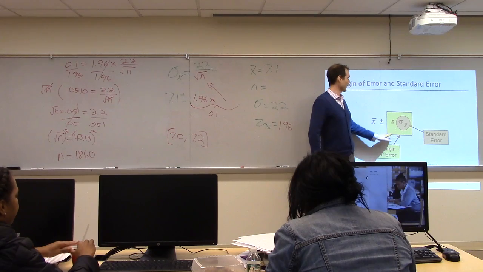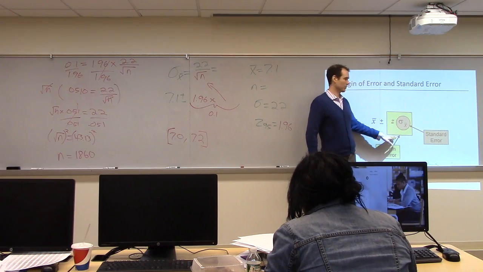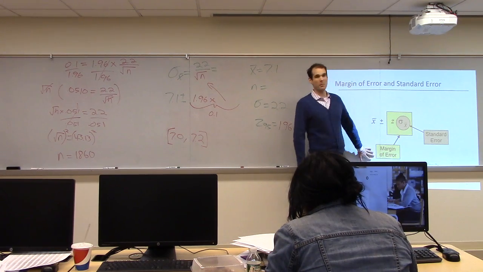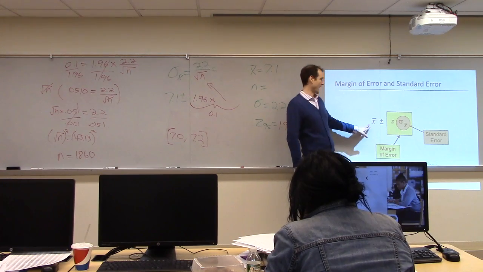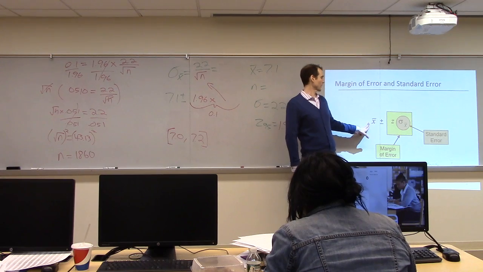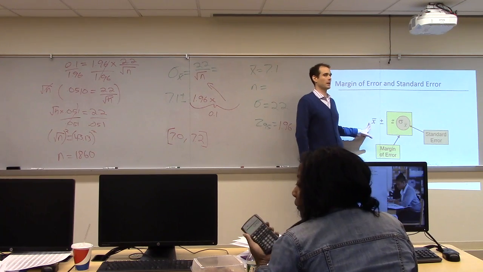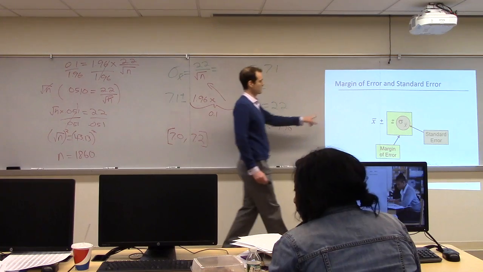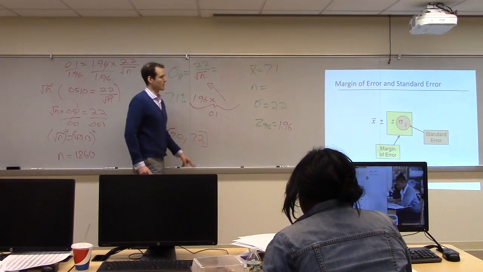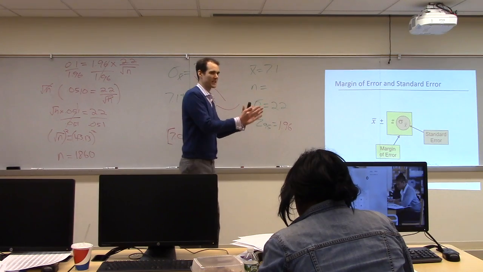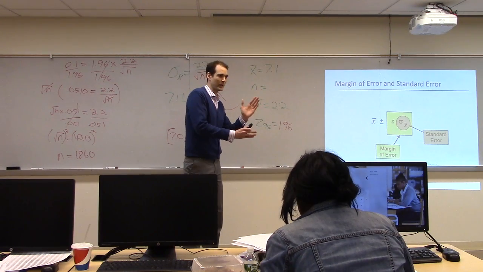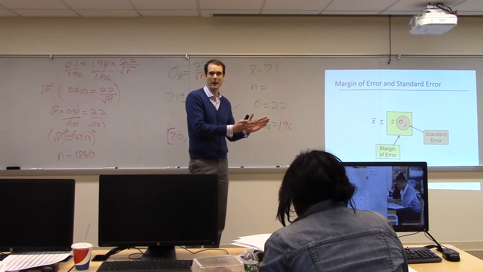The whole thing, if we multiply that by the z-value, is going to give us something we'll call the margin of error. The margin of error is the amount we add and subtract to and from the sample mean. The margin of error is the maximum error, the maximum difference we might expect between our sample mean and the true population mean.